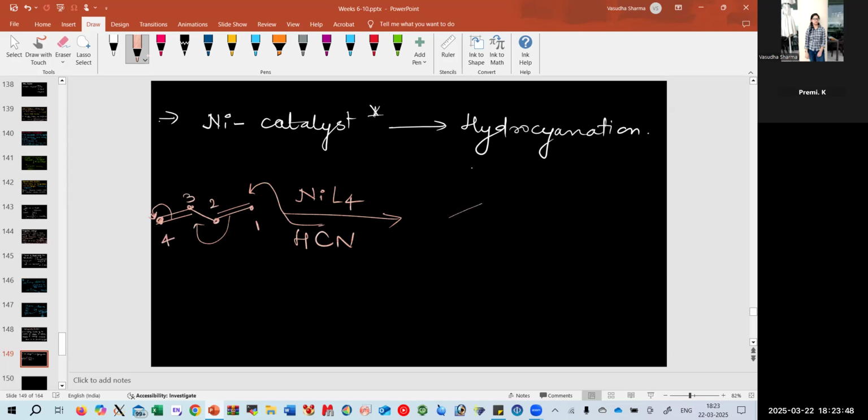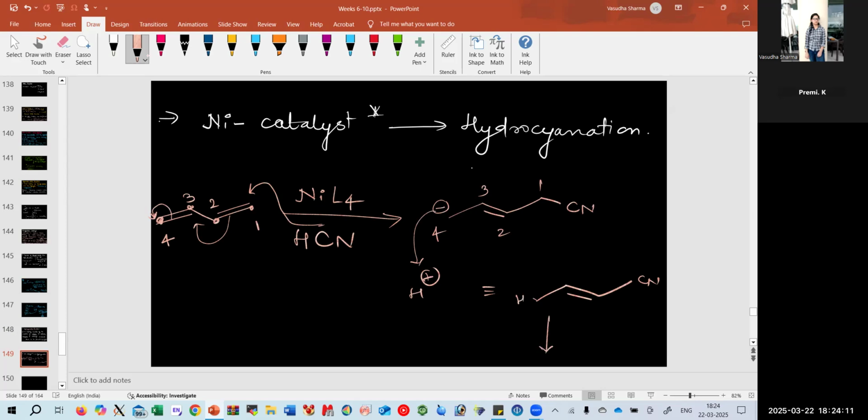So 1 has been taken by CN, and the double bond has been shifted now to the 2, 3 position, and 4 is having a minus charge, which will attack onto your H positive. So therefore, ultimately you will have a double bond and CN, where this side it is connected to the H.